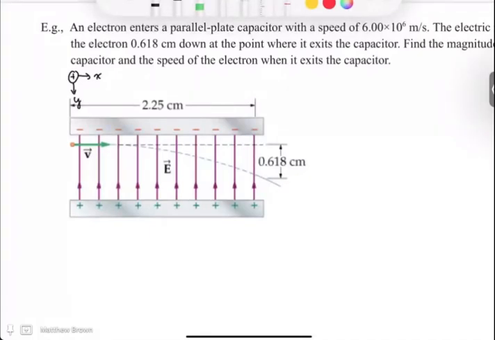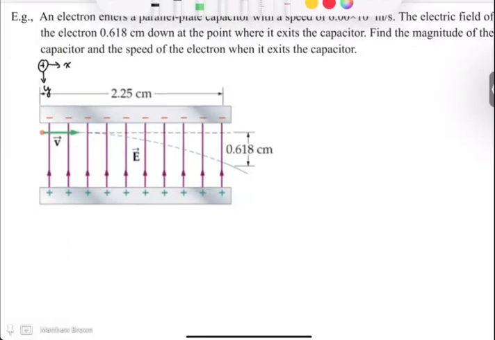And just like with dynamics, or energy in some cases, we can look at each direction independently. Note that initially it has a velocity that is purely in the x direction, and there's practically no force in the x direction at all. So that component of the velocity should remain constant. What's going to happen though is it's going to be accelerated in the y direction.